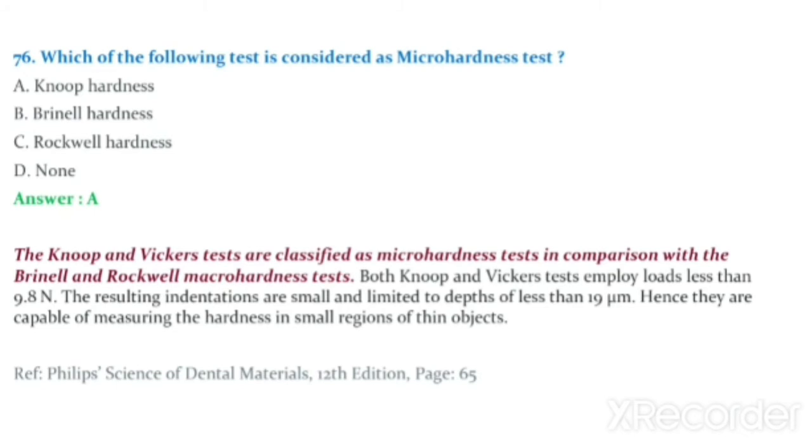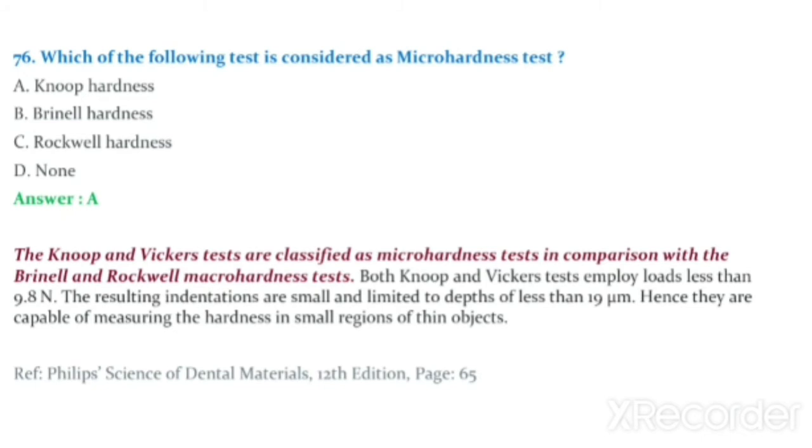The Knoop and Vickers tests are classified as micro hardness tests in comparison with the Brinell and Rockwell macro hardness tests. Both Knoop and Vickers tests employ loads less than 9.8 Newton.